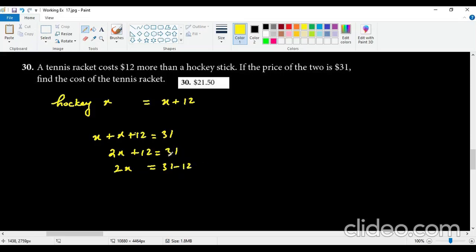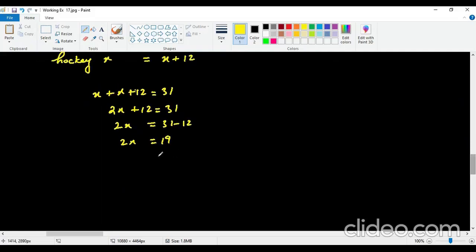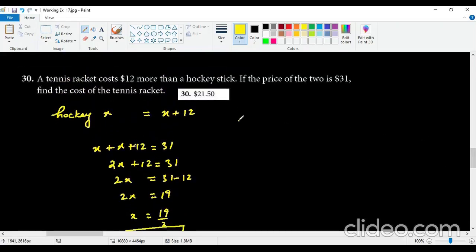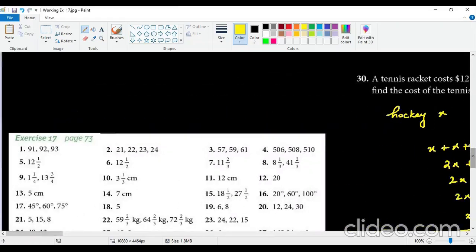So 31 minus 12 is going to give us 19, and the price of hockey is x equals 19 divided by 2, which is 9.5. The price of hockey is 9.5, and 9.5 plus 12 is going to give us 21.5 dollars. This is going to be the answer for question number 30, and altogether the questions were 30.